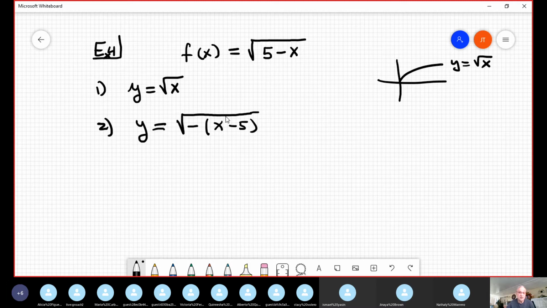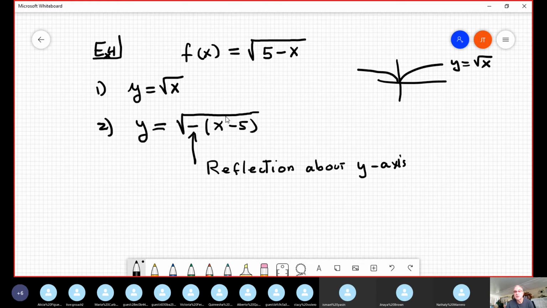Nice. However, you can see now more clearly, in my opinion, what kind of transformation we have. In the first place, we have this minus here, and this minus indicates reflection about the y-axis. And with the reflection about the y-axis, I suppose this curve is like that.